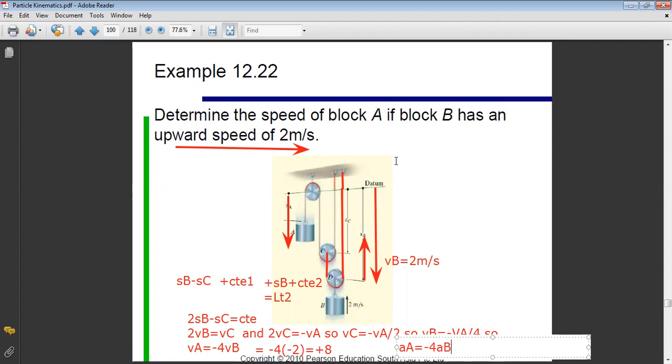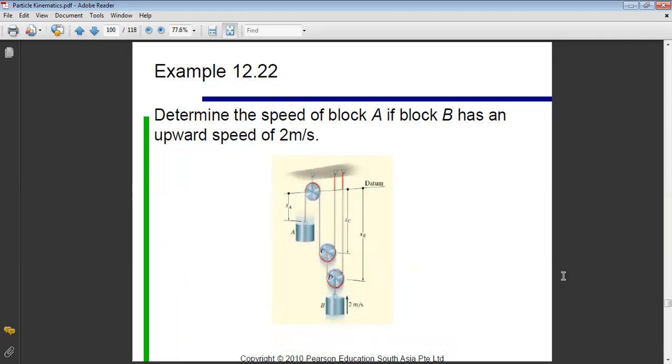But in case they gave us the acceleration of A, we can deduce the acceleration of B. And we will learn in the next chapter how to find the acceleration using the second law of Newton. Okay? So this is for this part. We still have a last part in this chapter.